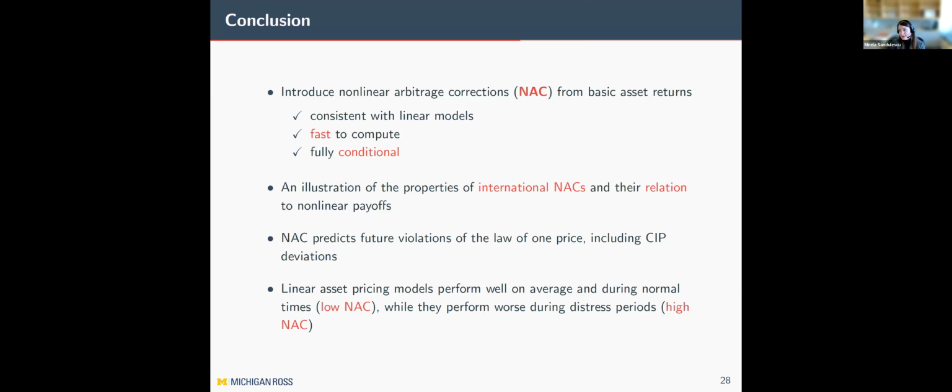Since it's identified from the no arbitrage condition, we then ask whether it is actually related to some arbitrage activity. Obviously, it's very hard to measure or quantify this arbitrage activity. So we focus on existing proxies available in this market, in particular these deviations from the law of one price in the data. Obviously, if we were to include in our estimations the forward exchange rates, prices, and so on, the NAC would look different.